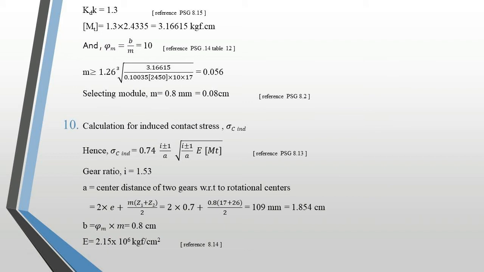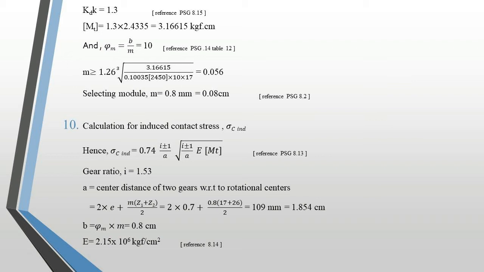Now Kd K is equal to 1.3, that is from reference PSG 8.15. Mt design is equal to 1.3 into 2.4335, that is equal to 3.16615 kgf centimeter, and psi m is equal to b by m, which is in a range from PSG 14 and table 12.